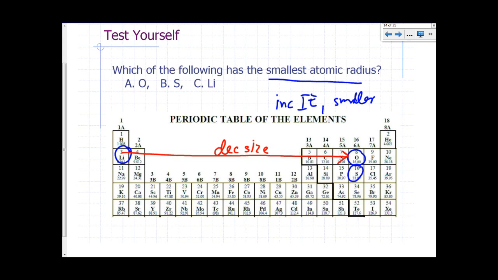That's increasing ionization energy. And so oxygen is smaller than lithium. And going top to bottom, that's increasing size. So decreasing size going that way, the answer will be oxygen would have the smallest size.